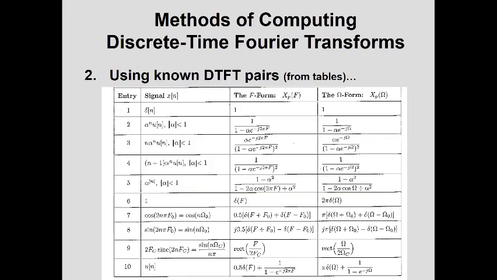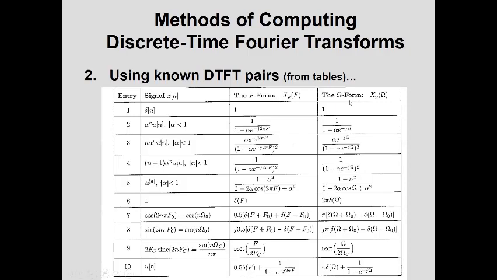So you're familiar with transform tables from other transforms like continuous time Fourier transforms and Laplace transforms. The discrete time Fourier transform similarly has these kinds of tables where we have on one side the time domain signal, in this case a discrete time signal, and on the other side the transform, the analytical form of a transform of that particular style of signal.